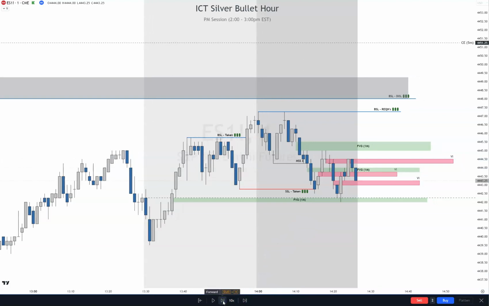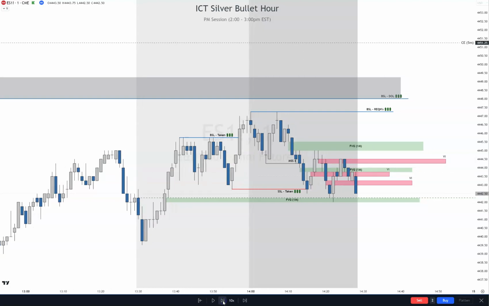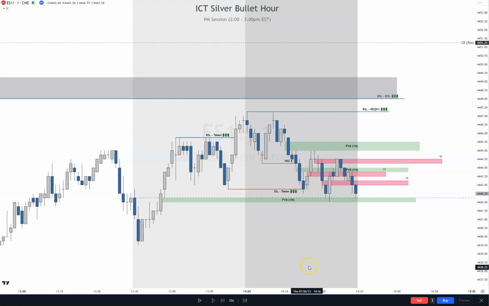Alright, we come back down. We're just going right through PD arrays, not respecting them or anything. We are respecting this fair value gap though, so that leads me to believe that we're going to go long. If we were going to go long at this point, because we've taken sell side liquidity out here, I would need, and this is the lowest low here, the swing low, if we violate that, then I'd be looking to come back and go short.